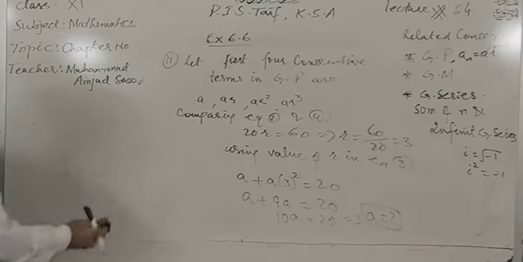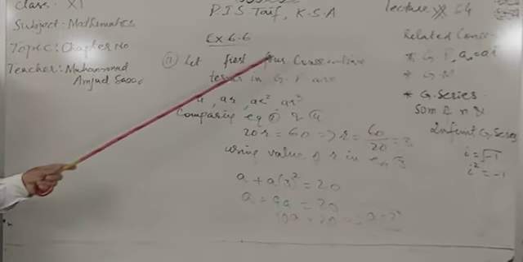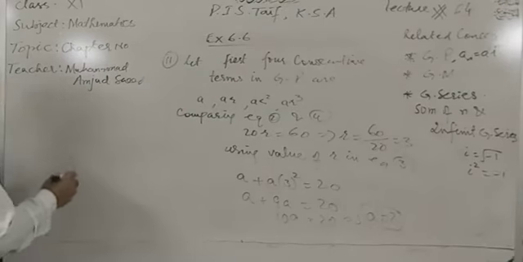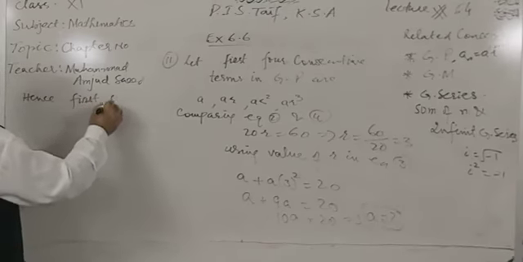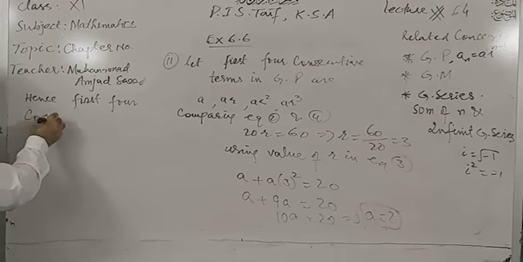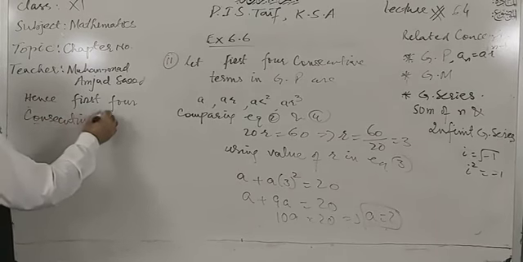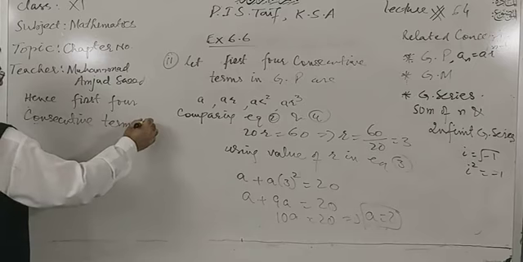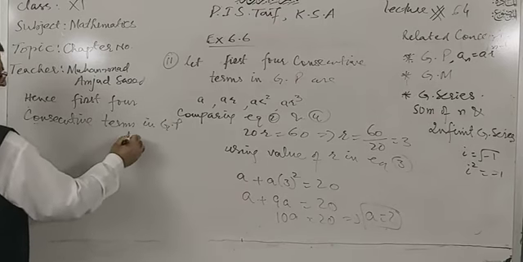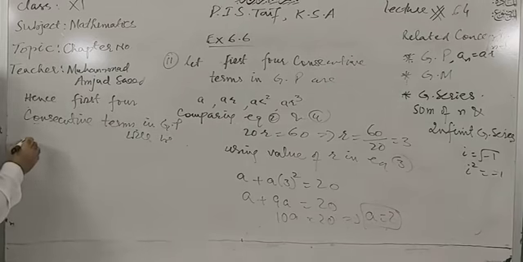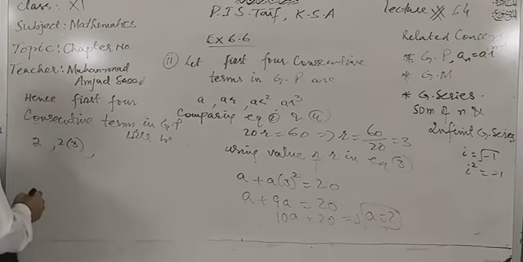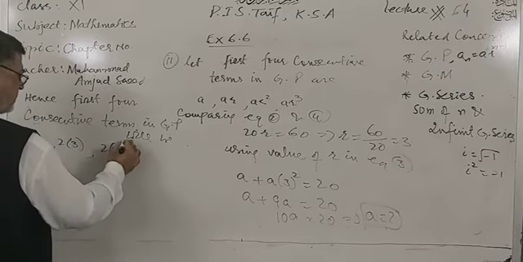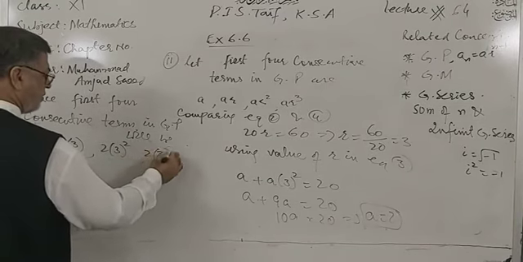Hence, the first four consecutive terms in GP will be A, that is 2, then AR, which is 2 into 3, then 2 into 3 square, then 2 into 3 cube.